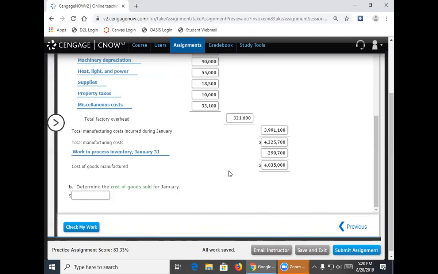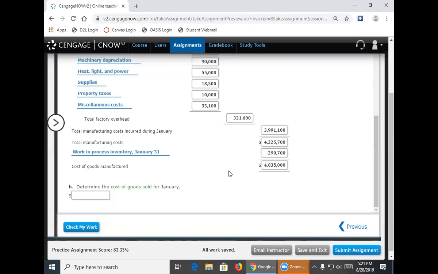Okay. Work in process is cost of goods manufactured, gets debited to finished goods. So that 4,035,000 flows into finished goods. Okay. And then it tells me my ending balance. My ending balance is 715,000.